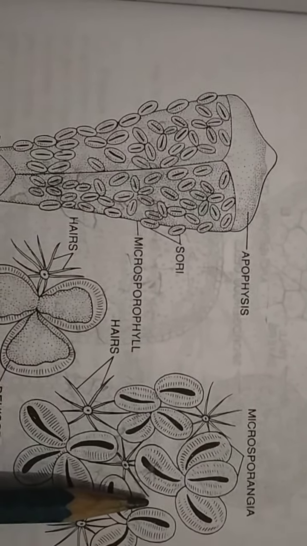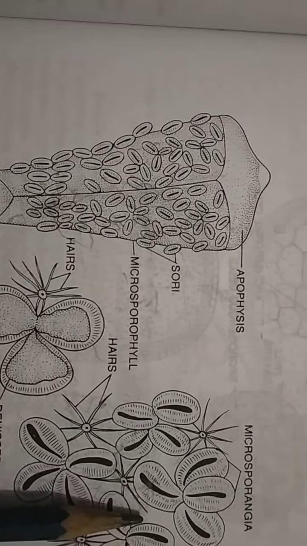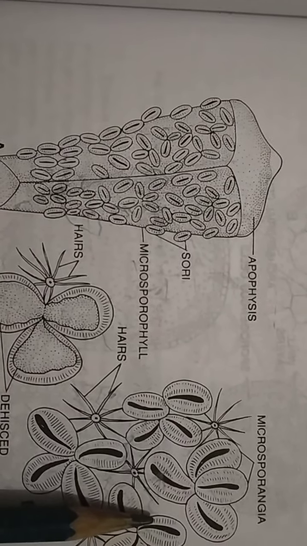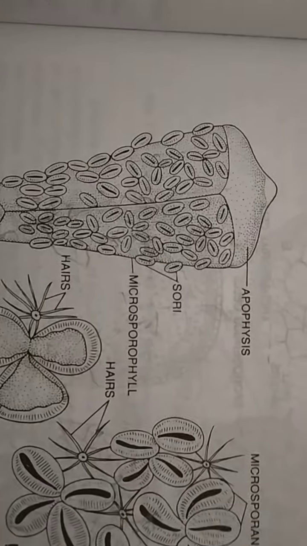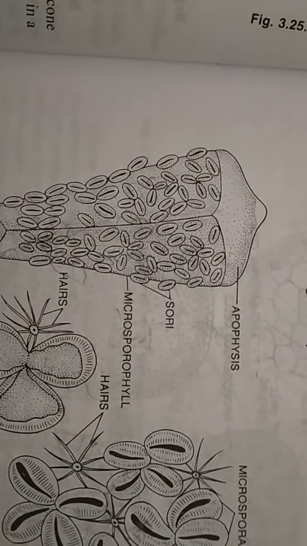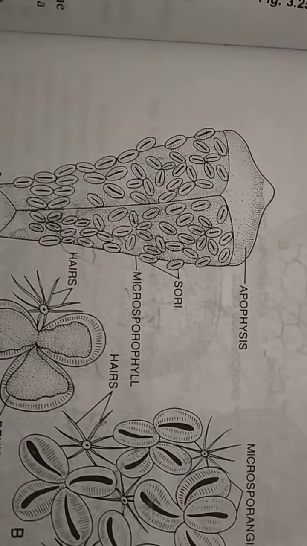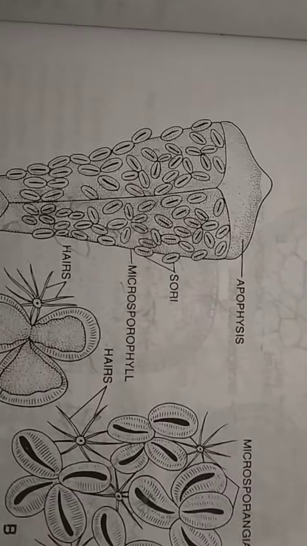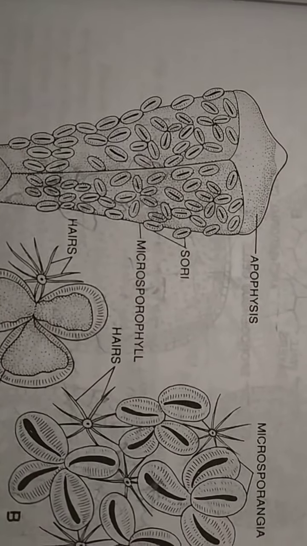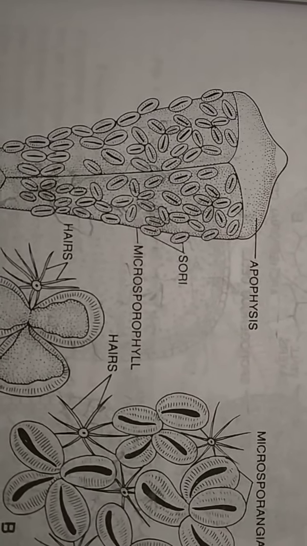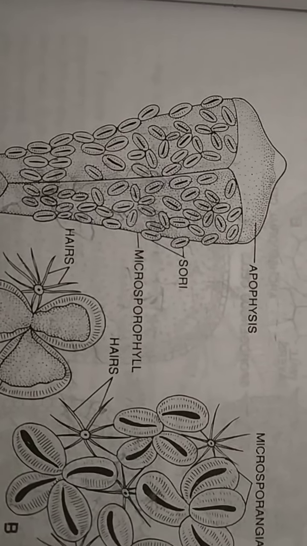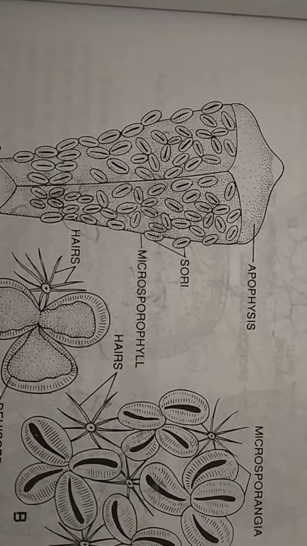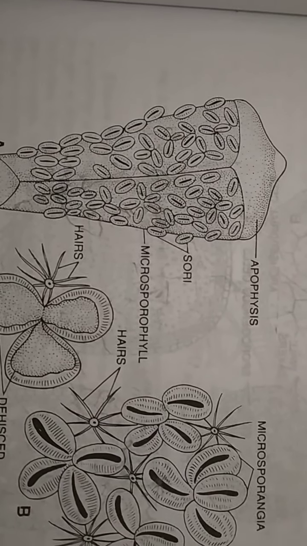The antheridial cell again undergoes mitotic division and produces a tube cell and a generative cell.